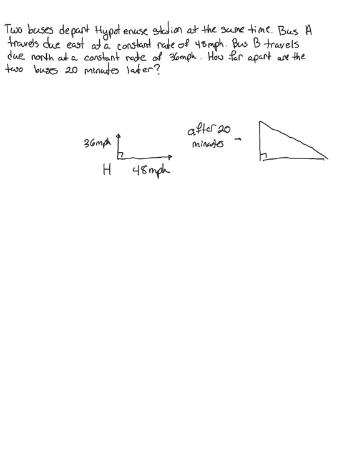So we're going to have a value of A, a value of B, and a value of C. Let's put some things here. So this one's bus A, and this one's bus B. Bus A is going to be traveling east at 48 miles per hour, and that's going to be how far bus A traveled after so much time.